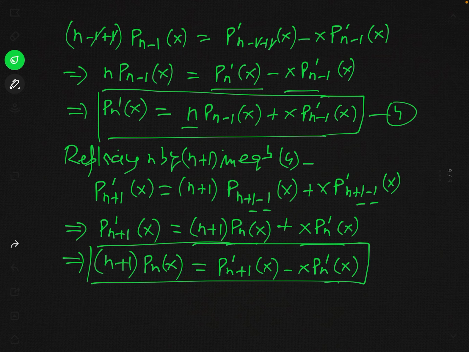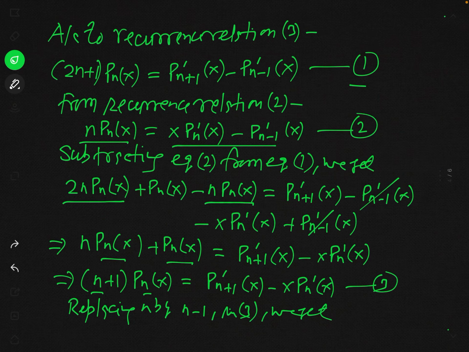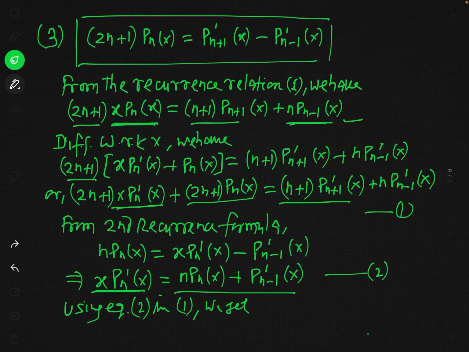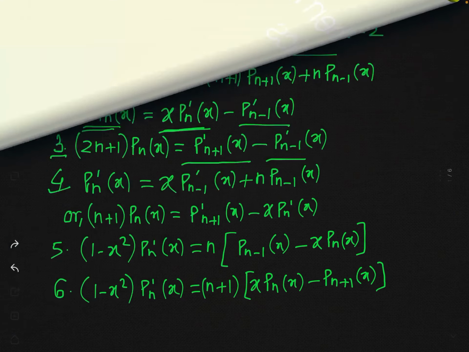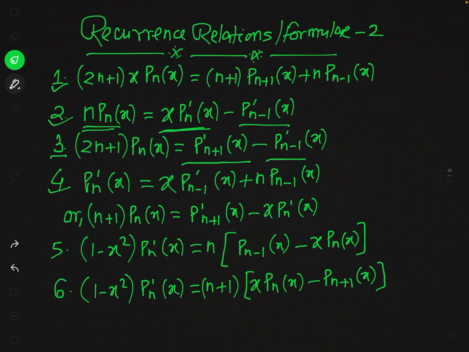Now we will prove the fifth recurrence formula. First of all, again I will write the fifth recurrence formula and then we will prove it. I have mentioned it in the beginning, so you can see it here. So this is your fifth recurrence formula. You can see here 1 minus x square into Pn prime of x equal to this much.